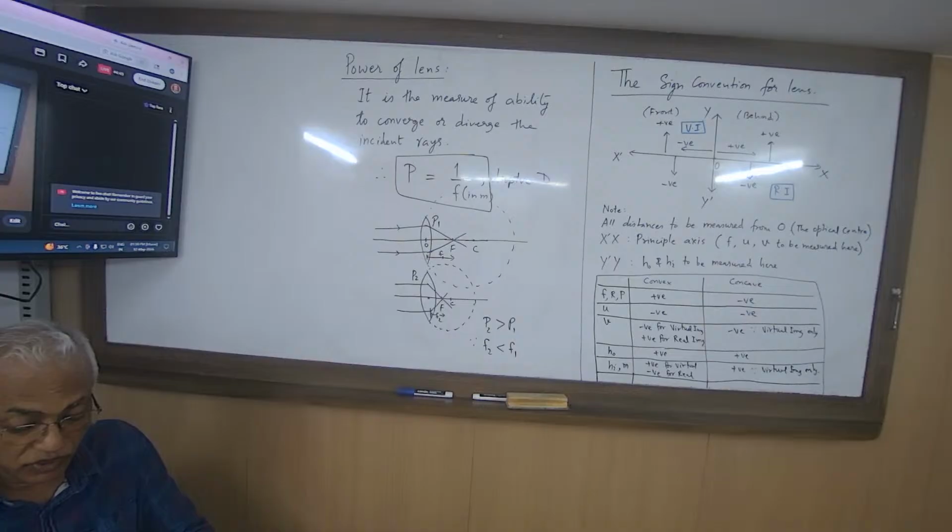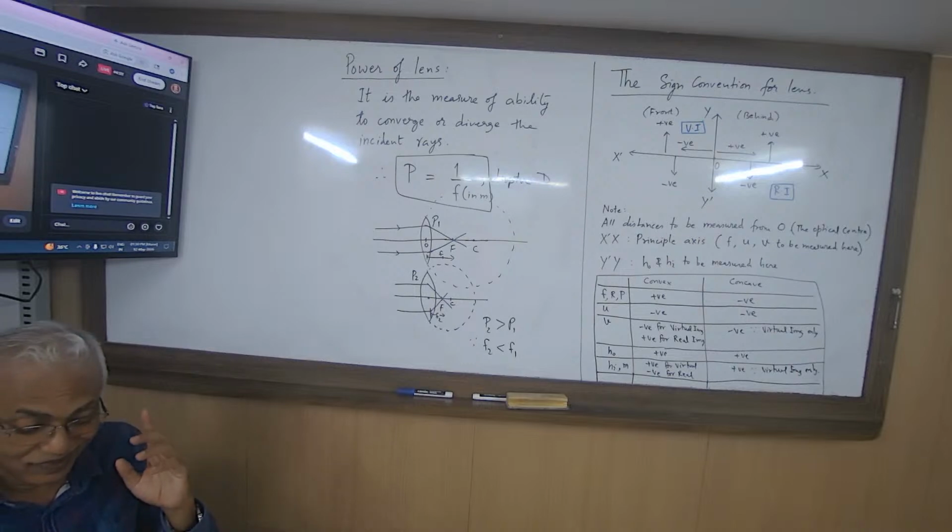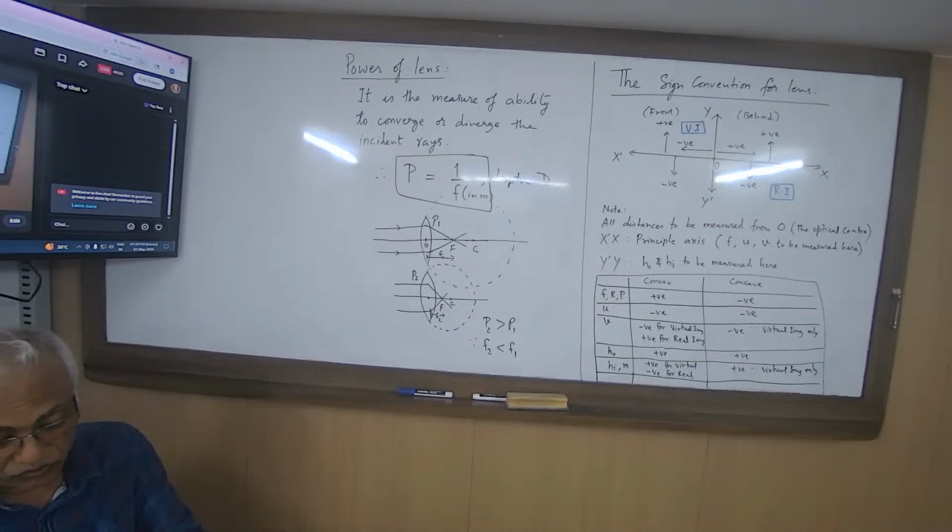D, what is the mistake? The parallel ray passing through the focus is not a mistake, that is correct. Now the line should go parallel. It cannot converge backwards. It can pass through the focus only if the rays are incident parallelly. It is not incident parallelly.